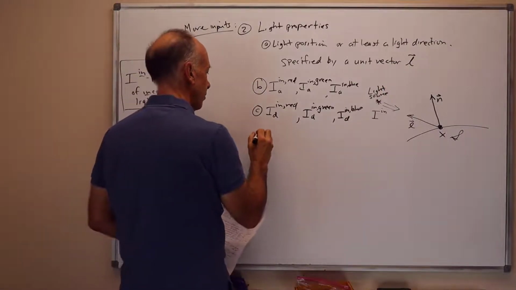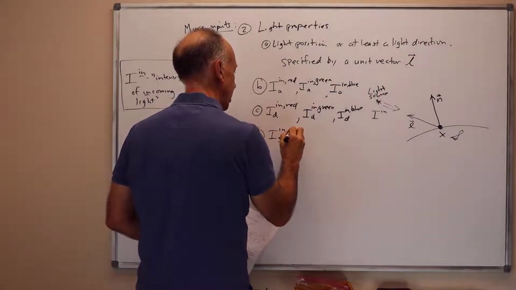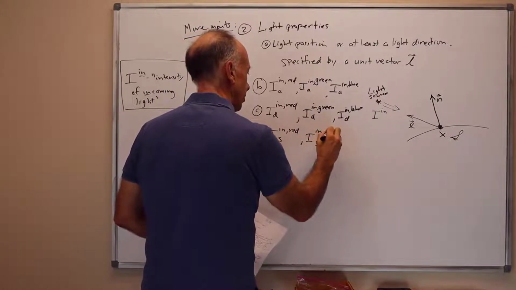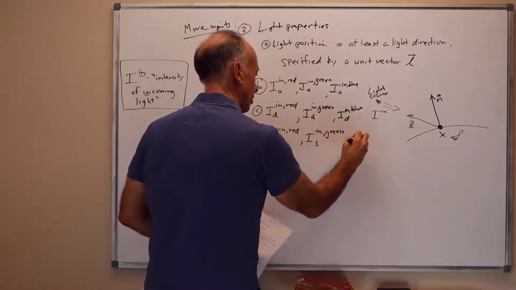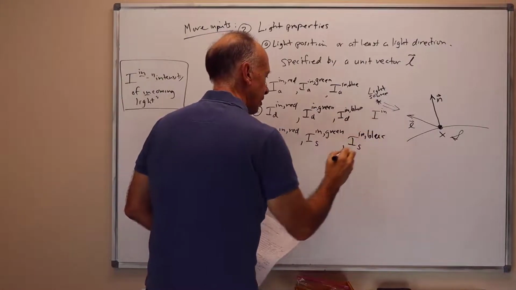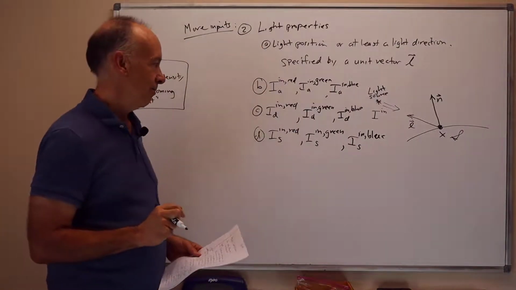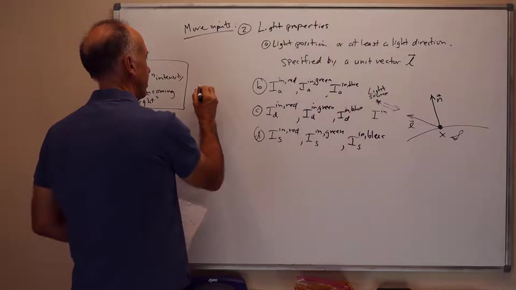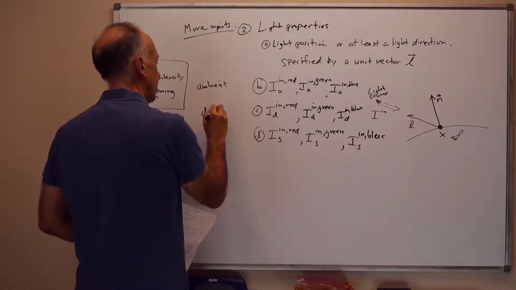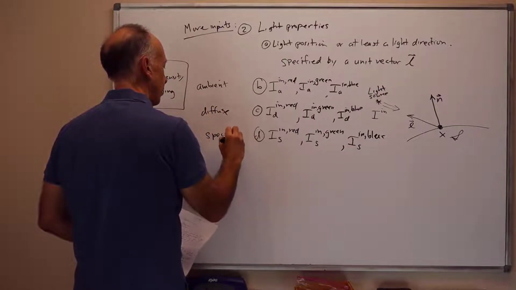There's also the specular component, I_S in, and it's got red, green, and blue components. This is the incoming specular light, and this controls how much the light generates specular highlights on surfaces. So again, we've got ambient, diffuse, and specular components of light.